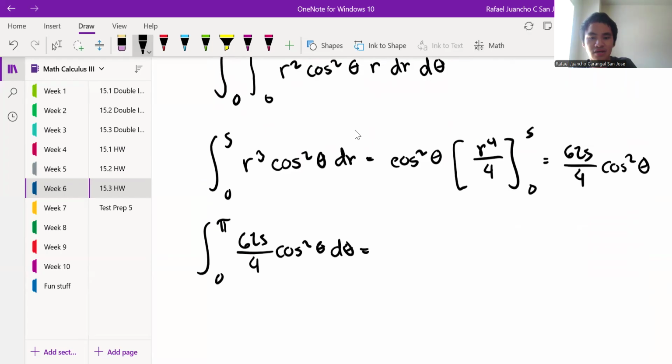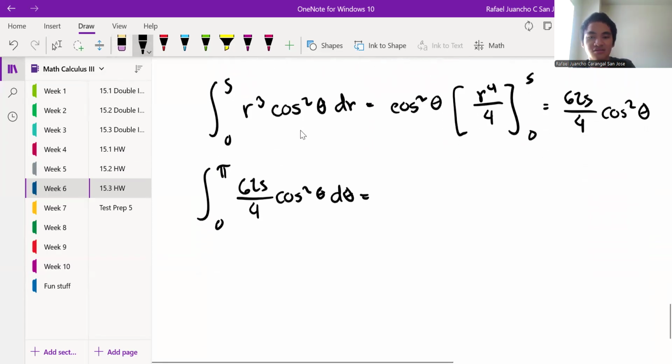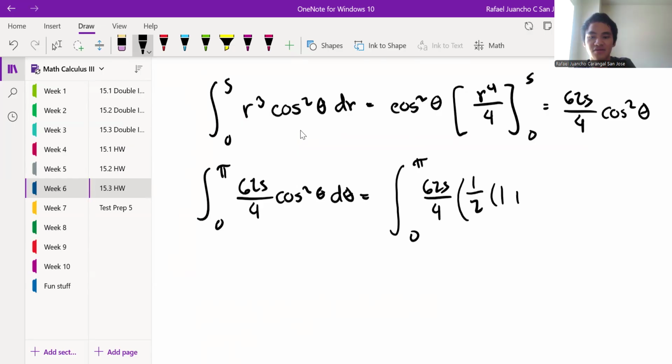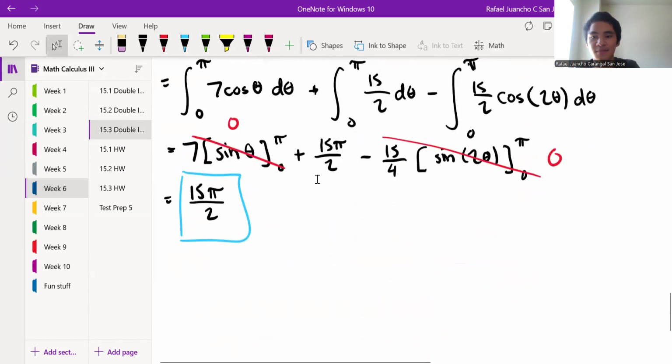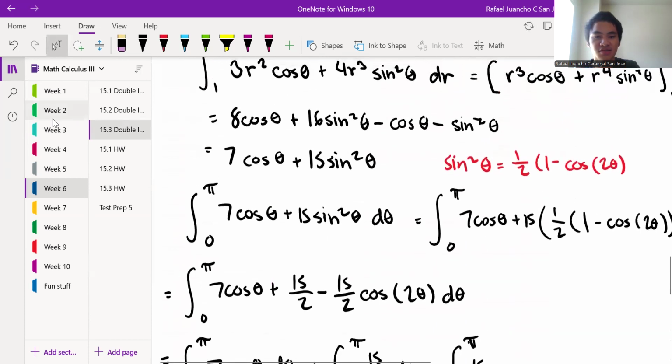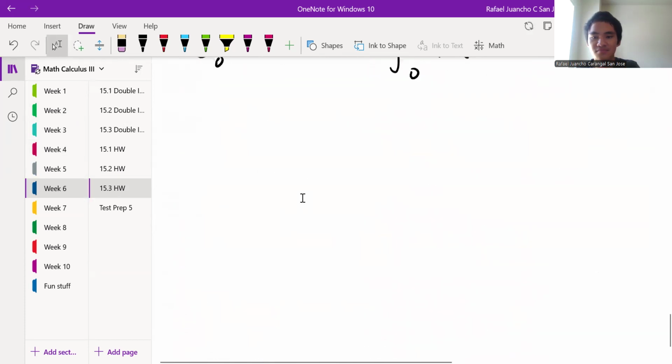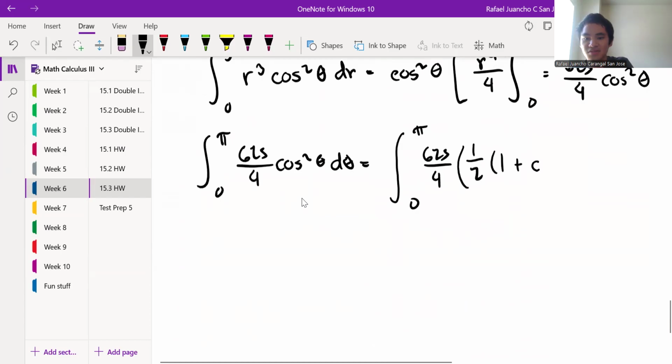Okay, now let's try 0 to pi here, where I derive this whole thing, d theta. I could use that half angle identity, right? So let's not take it out first. 625 over 4. I think this was a half of 1, and instead of minus, if I remembered correctly, I think it was a plus. Yeah, instead of minus, there's going to be a plus cosine 2 theta.